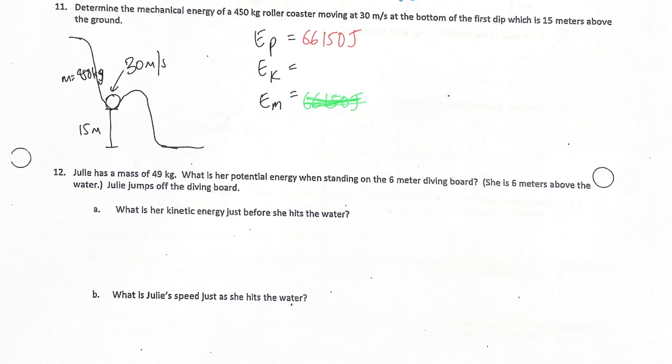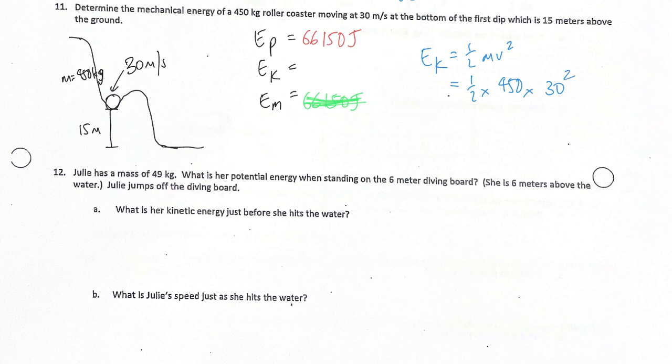Right, so now let's work out the EK. EK is equal to half mv squared. So it's half times the roller coaster's mass, 450, times its velocity, 30. Just like that? No, you have to square it. Good.